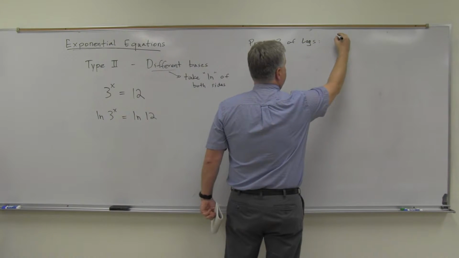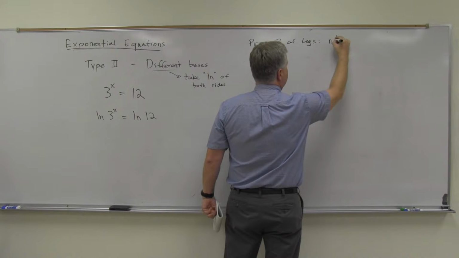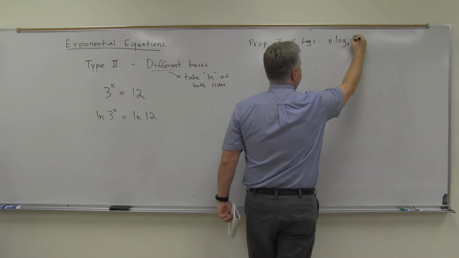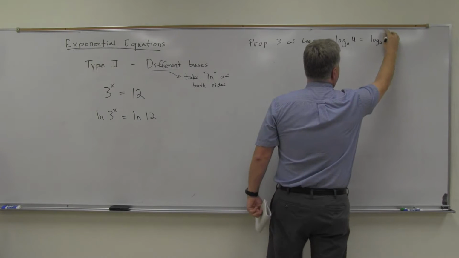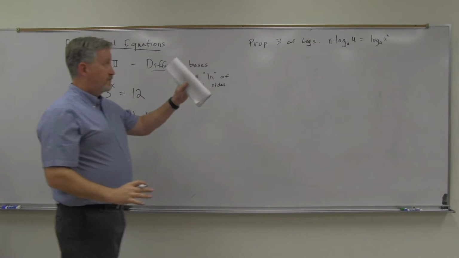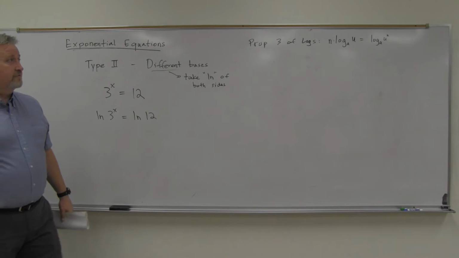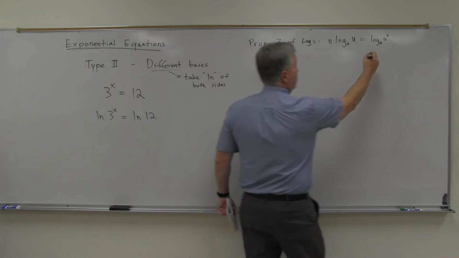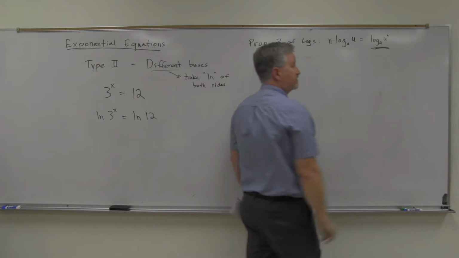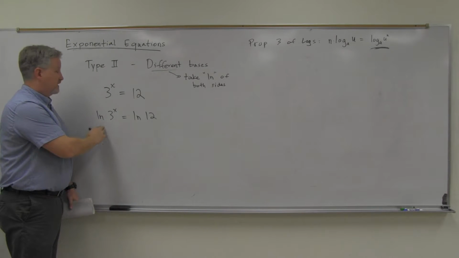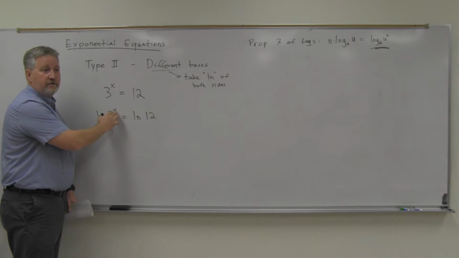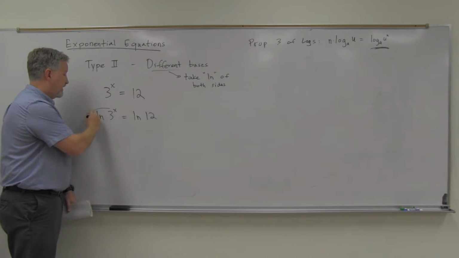It was n log base a of u equals log base a of u to the n. By that property 3, don't I have this on the left side now? Because I have a logarithm here, and it's 3 to a power. What can I do with this power? I can bring it down.